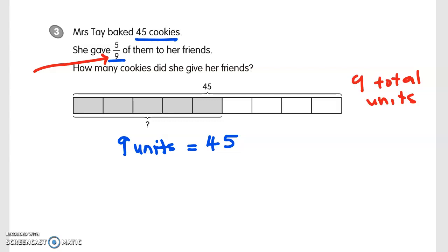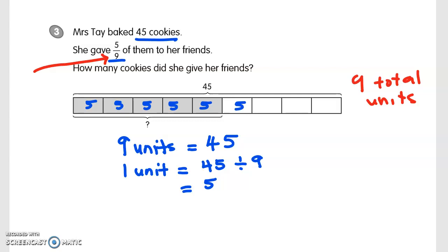So, can you find 1 unit? Yes, you can. To find 1 unit, you divide it by 9, which will give you 5. So now you know that for every unit, there are 5 cookies. Okay?